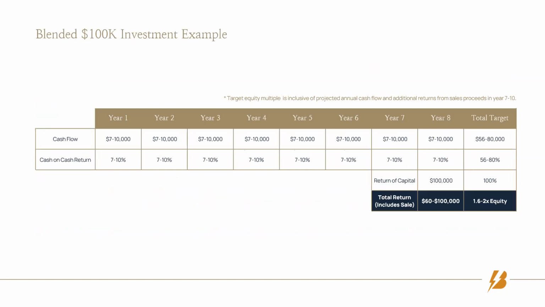What we're talking about is when you blend it. Imagine having 8 of these stores all stacked up, and we buy 8 of these assets. Now, what are we talking? You're talking about a stronger cash on cash return, and a minimum of 1.6 to 2 times your equity. So if you put in 100K, you'll pull out 200.